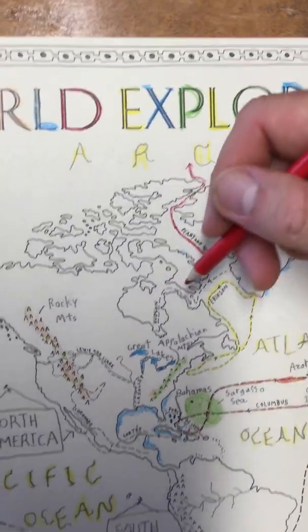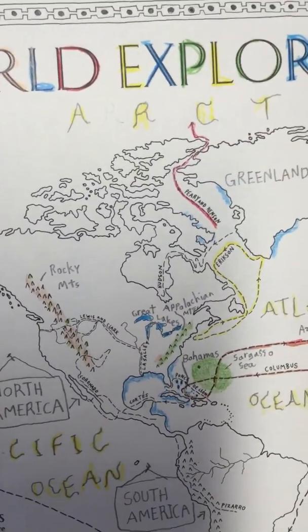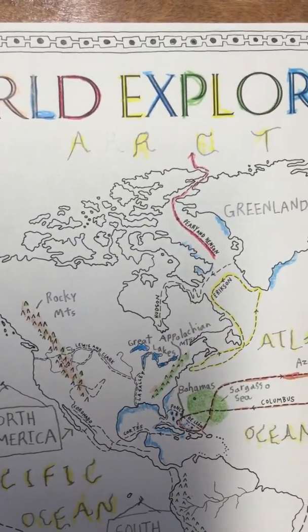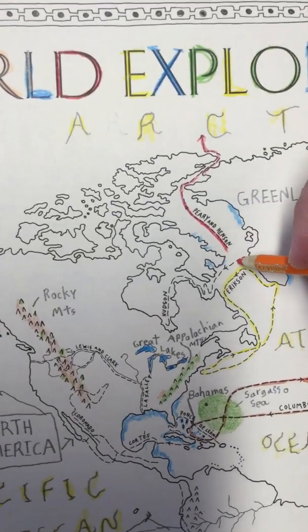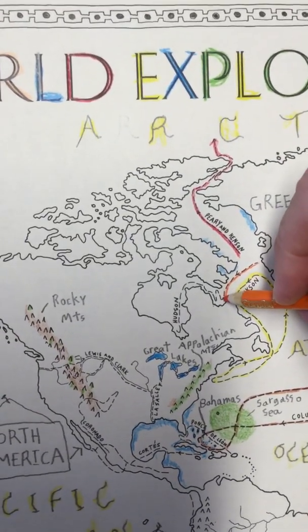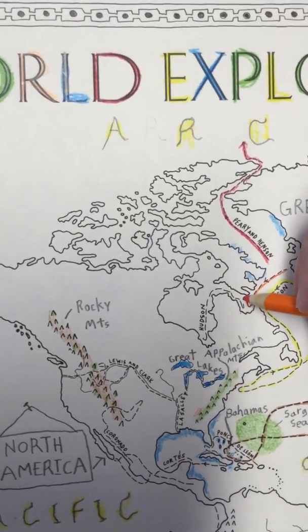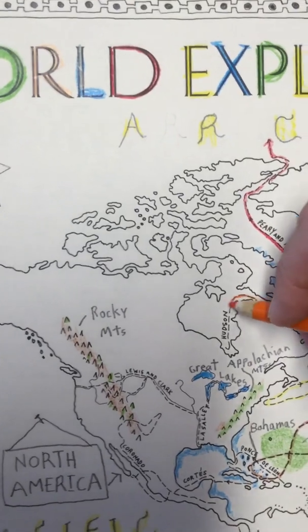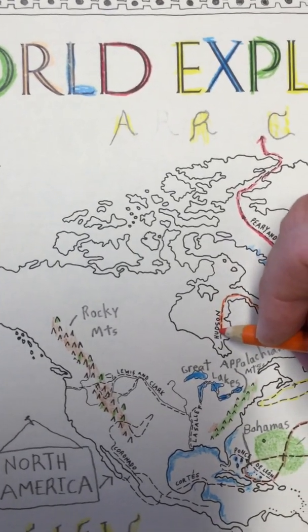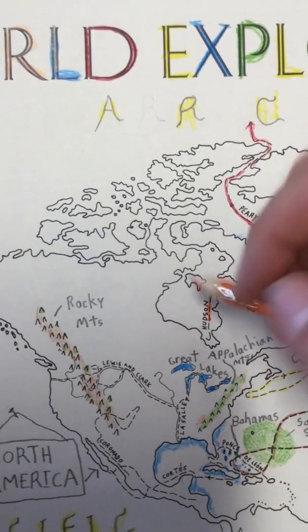And then we talked a little bit about Henry Hudson. Maybe I could go with an orange for that one. You don't have to use the same colors I'm using, but you can see how the color makes it stand out a little bit better.